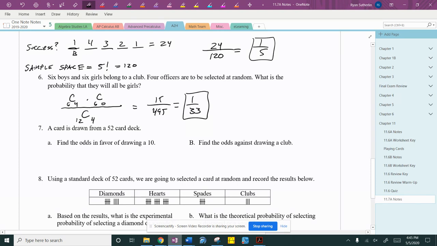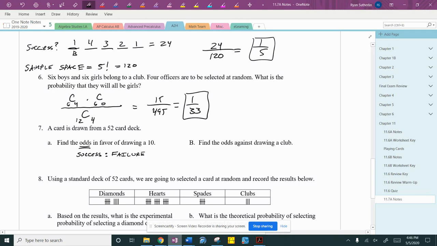All right. Number 7, a card is drawn from a 52 card deck. Find the odds in favor of drawing a 10. Okay, so odds. Odds are, remember, we have in favor, so we do success to failure. So, how many successes?